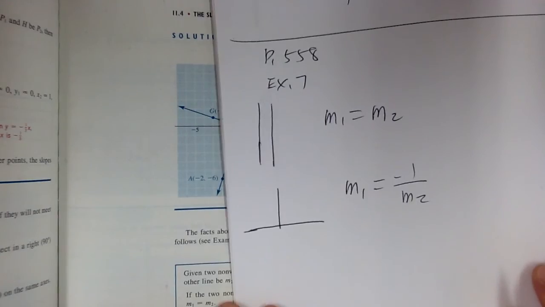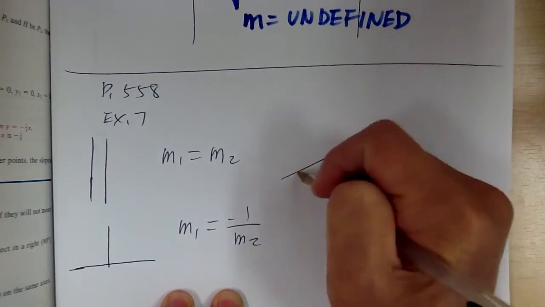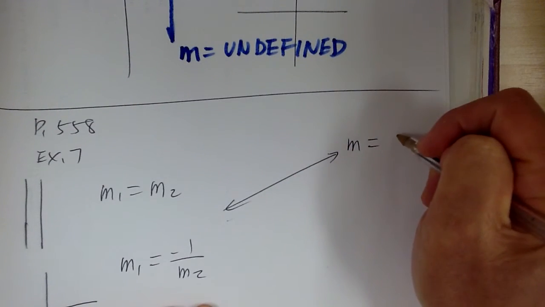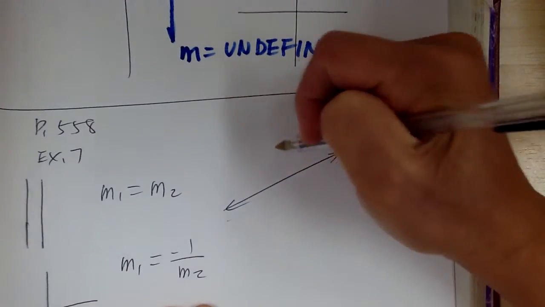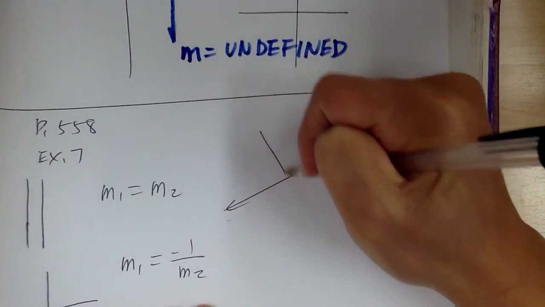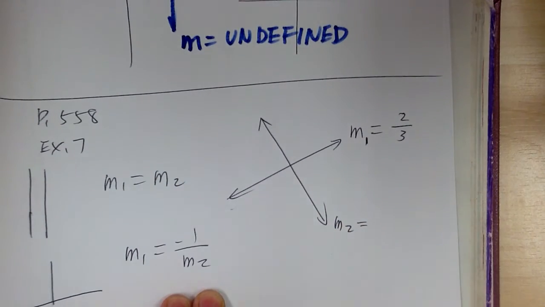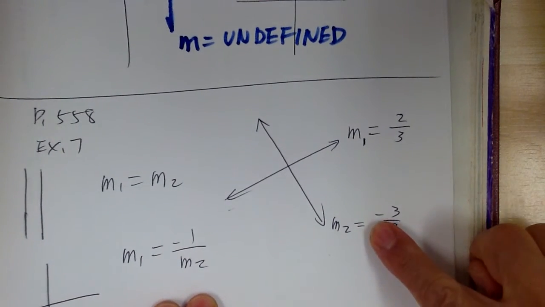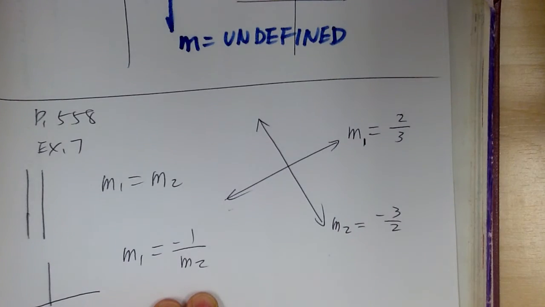So it's the negative reciprocal. So for example, let's say if this line, the slope is equal to 2/3, then the perpendicular line M2 would be the negative reciprocal, so it would be negative 3 over 2. So it's the negative reciprocal. See, it's negative and it's flipped over. Okay, so that's what happens with the perpendicular line.